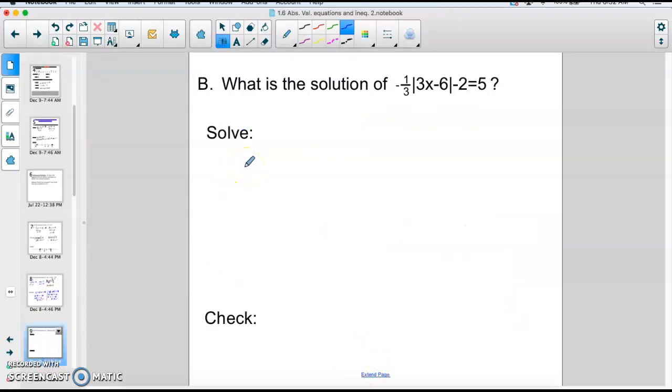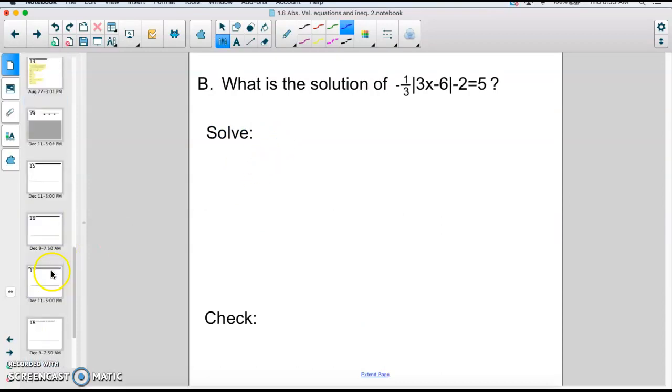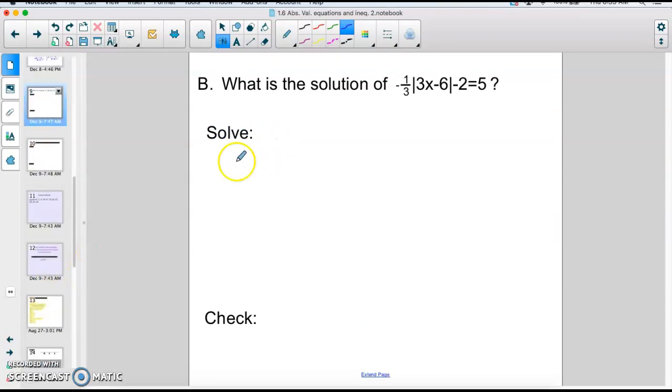All right, now this one, you might look at it and go, oh my goodness. But I think we can do it. Okay. So again, take care of the extra stuff first. We're going to add 2 to both sides. So you get plus 7, and we get plus 2. So we get 7 on this side.